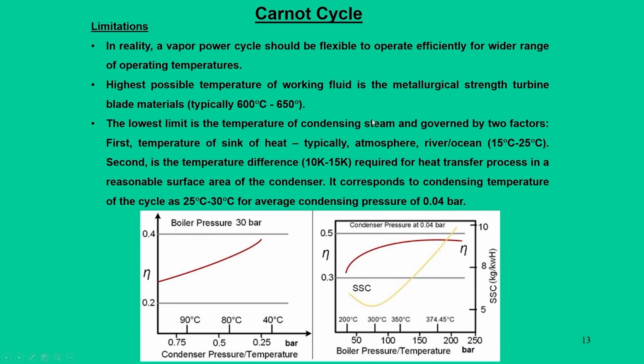In other words, the condensing temperature should ideally be in the range of 25 to 30 degrees centigrade, with an average condenser pressure of 0.04 bar.